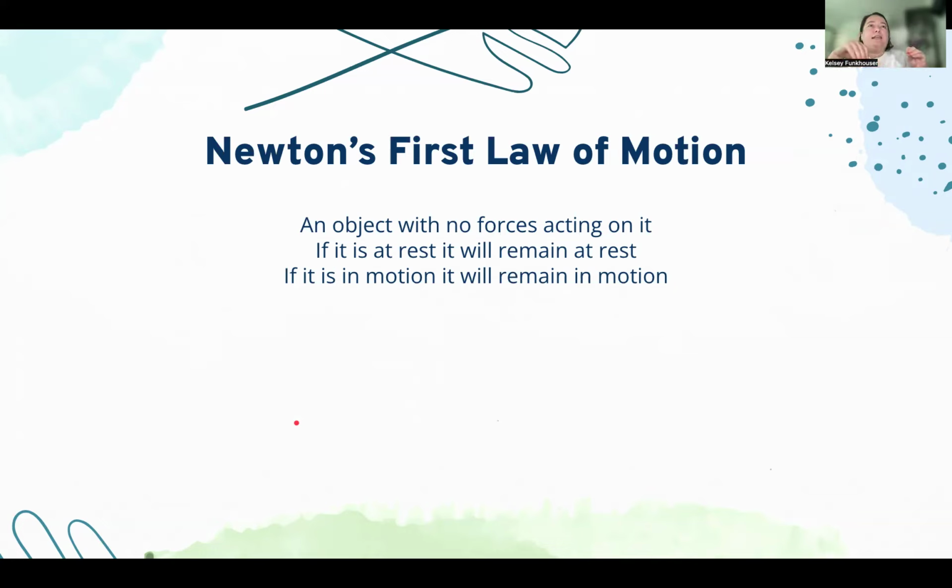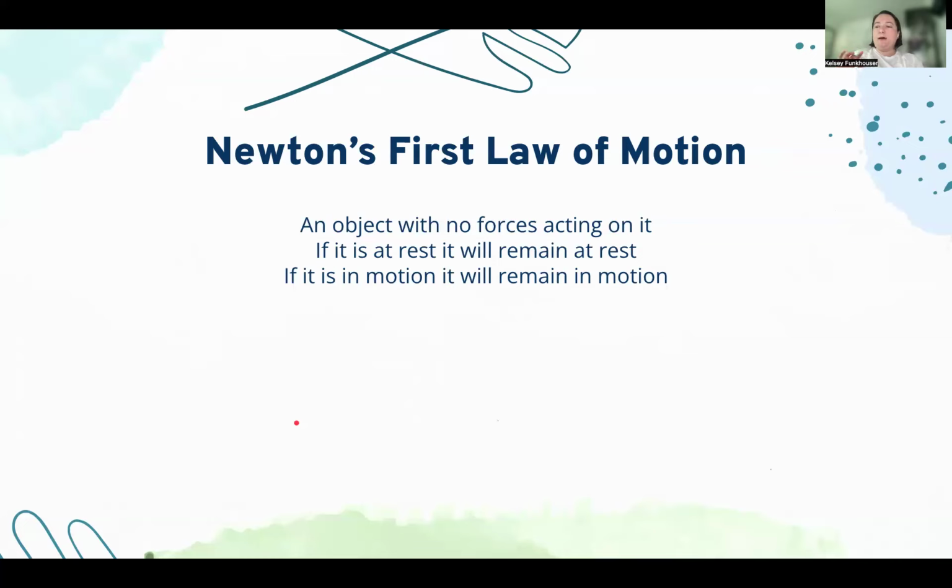Because what Newton's first law is saying is that if there isn't a force acting, whatever our object is doing, it will continue to do that unless a force acts on it. So if it's at rest, not moving, it won't move unless a new force is acting on it. And if it's in motion, it won't stop moving until a force acts on it.